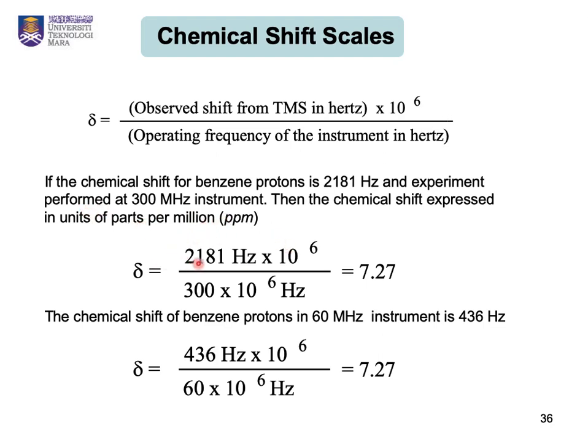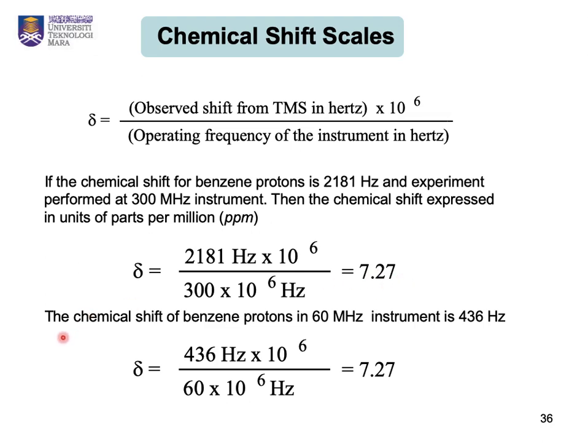So 2181 hertz is the value of the aromatic or benzene proton, which is multiplied by 10 to the power 6, and divided by the strength of the magnet, 300 megahertz. Here you have to convert the megahertz into hertz, then you will find the answer, 7.27 in ppm, right?